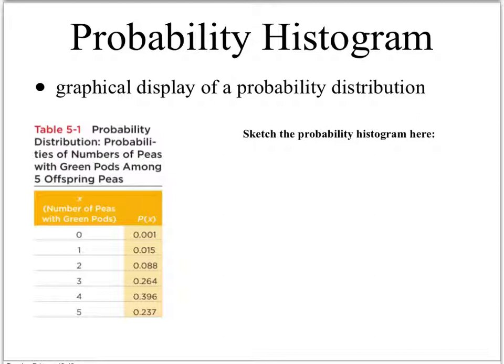Now, a probability histogram is a graphical display of a probability distribution. So you should become familiar with a process for constructing probability histograms. So here I have a table 5.1, which is a probability distribution, and let's talk about why that is. First of all, we see that each of these individual probabilities in this column is a number between 0 and 1.